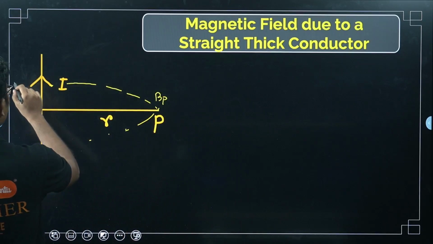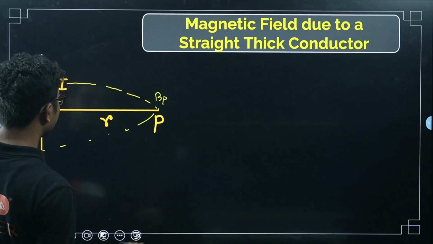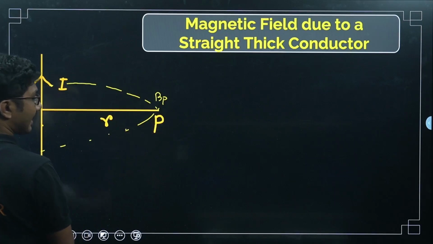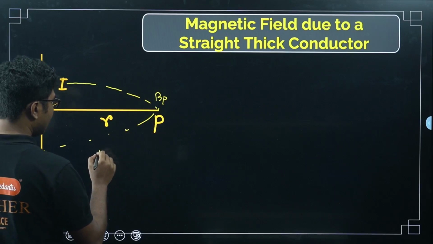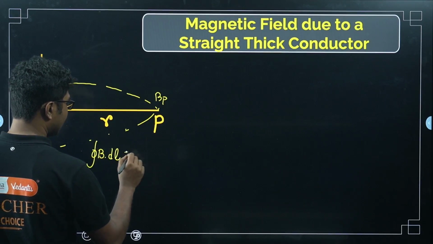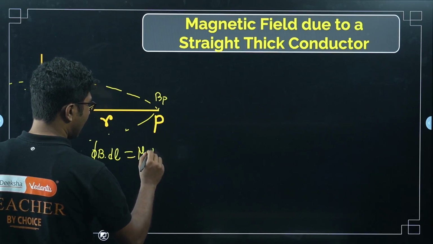We have to construct a circle. I cannot draw the entire circle on this board, but I can calculate the magnetic field. We know that the closed integral of B dot dl is equal to mu naught I, that is Ampere's law.